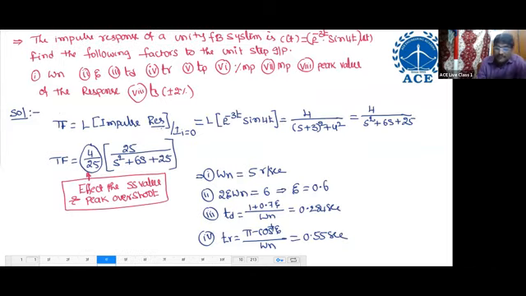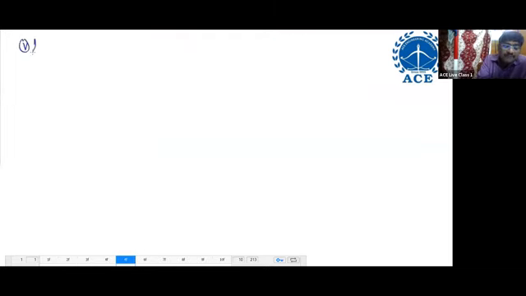Next, fifth one, TP, for first peak. First peak means pi by omega d; the second value is 2 pi by omega d seconds. So TP equals pi by omega d, where omega d equals omega n root of 1 minus zeta square. Solve it. What is the answer?